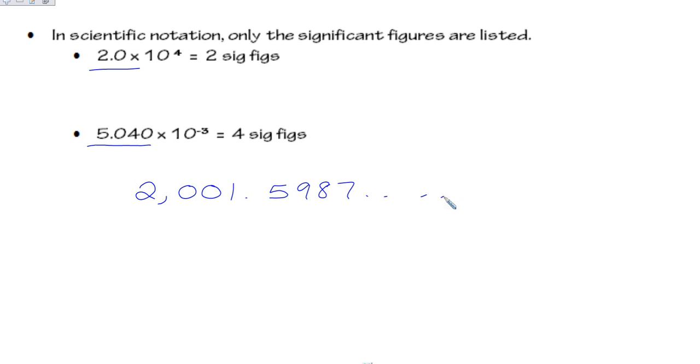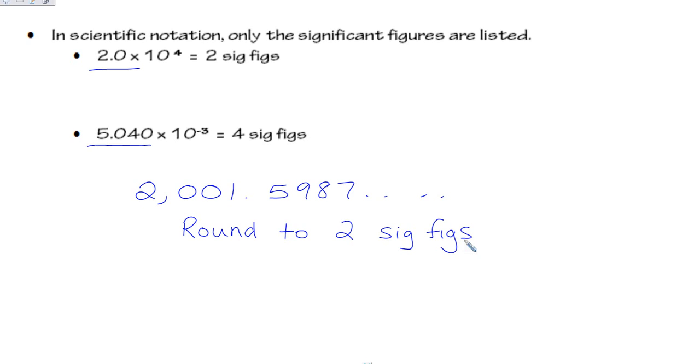I plugged a bunch of numbers in. And now for some reason I'm supposed to round this off to like 2 sig figs. It says round to, we'll just say, 2 significant figures. And you say, well, I don't know how I can do that, because this number is like 2001. How do I round that off to just 2 significant figures?